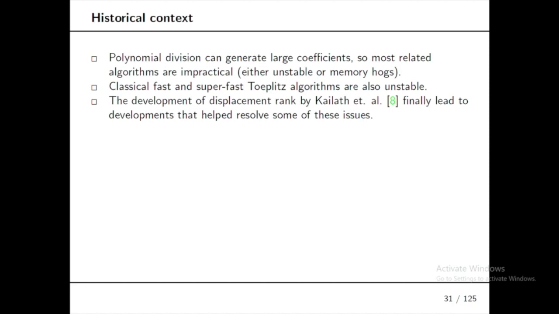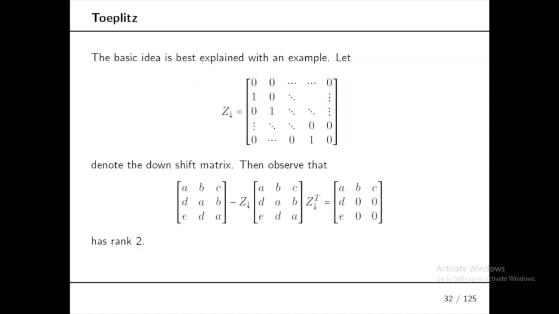And after many years, like over a decade or so, these ideas finally led to ways in which we can now have almost linear time, numerically stable, fast algorithms for applying the inverse of a Toeplitz matrix to a column vector. Okay, so it's a long route, and I can just give you some flavor of how these things were eventually achieved. Okay, so the basic idea is very simple, so I'll just explain it by example.